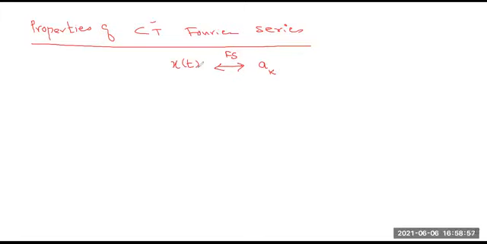This notation is used to represent that periodic signal x of t is related to its corresponding Fourier series coefficient, or you can say x of t and a sub k are a Fourier series pair. So this is a periodic signal and its corresponding Fourier series coefficient, and this notation means that they are paired together. So let me start with the first property, and that is linearity.